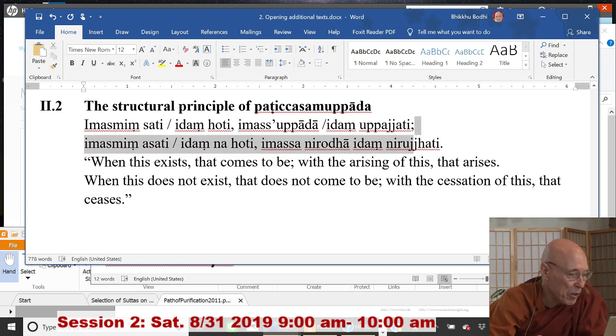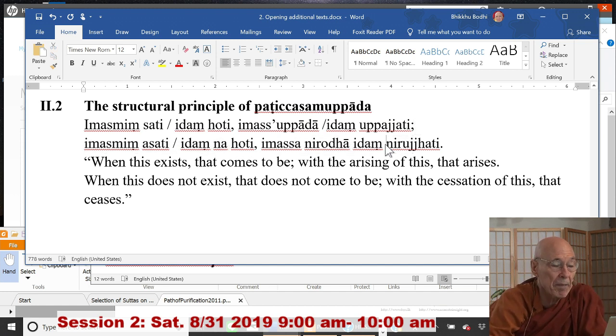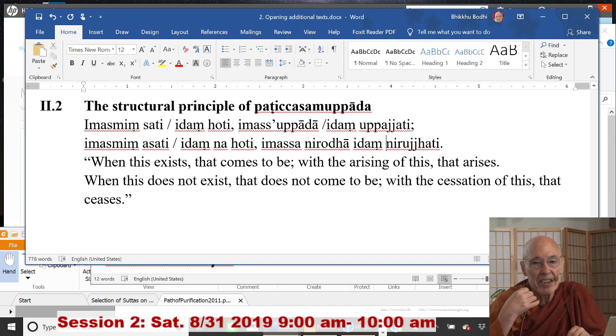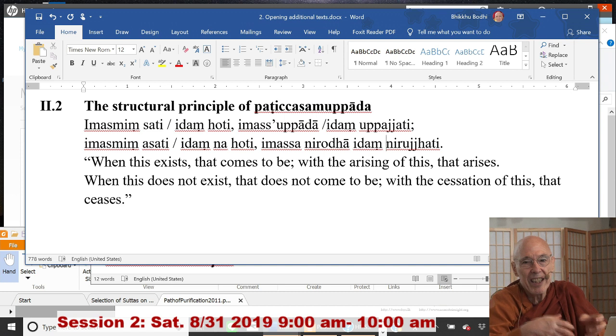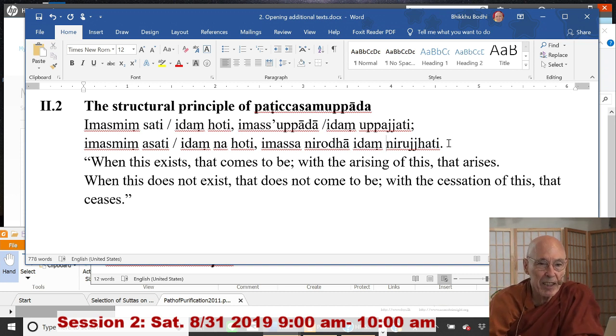And so this is what I call the structural principle. It's the principle that lies behind the standard formula of dependent origination. And in fact, the suttas apply this principle in many different ways. We could apply it even to the understanding of social conditions. There are suttas where the Buddha speaks about how when there's poverty, then crime arises. When there's crime, then social degeneration takes place.